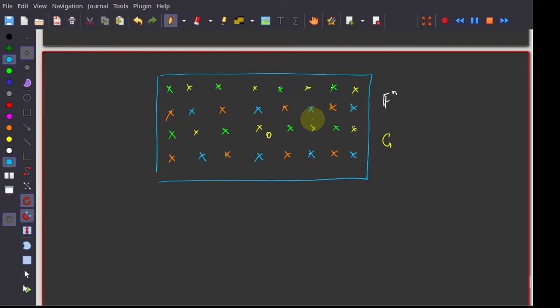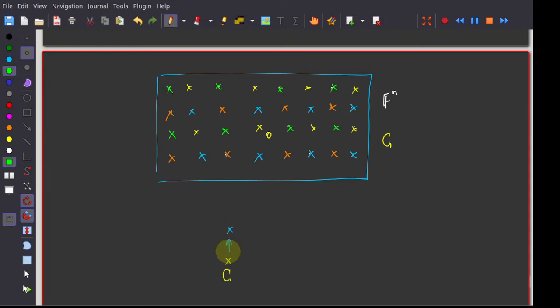So I take the yellow point. So this is my code. Every yellow point is a code word. I shift it up 1 unit, I get the coset of blue points.